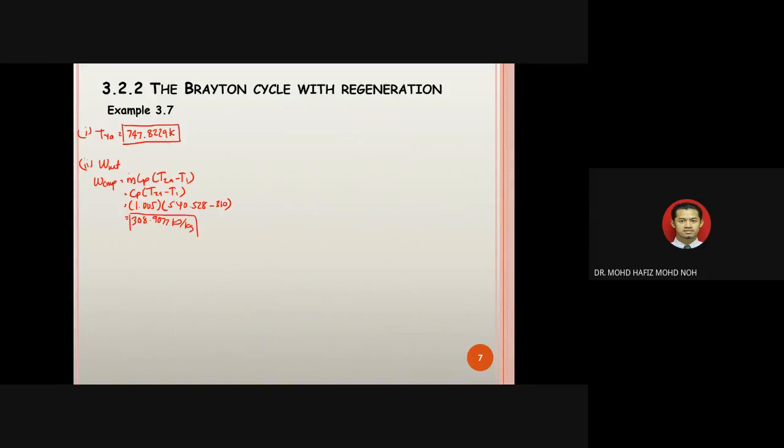Alright guys. And then you can proceed to calculate W turbine, which is M dot Cp (T3 minus T4 actual).